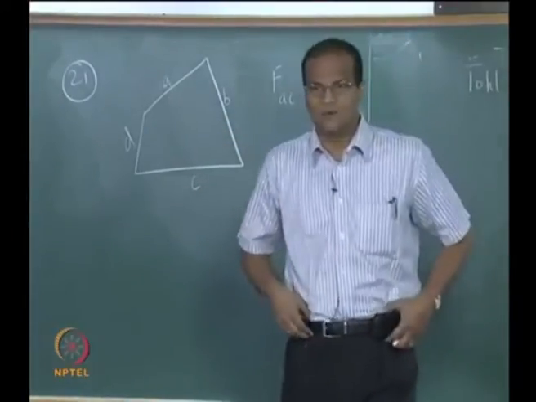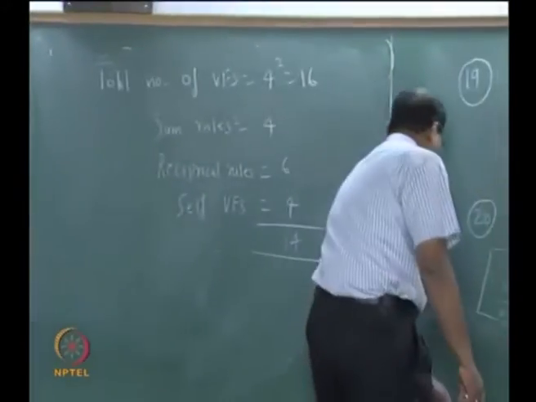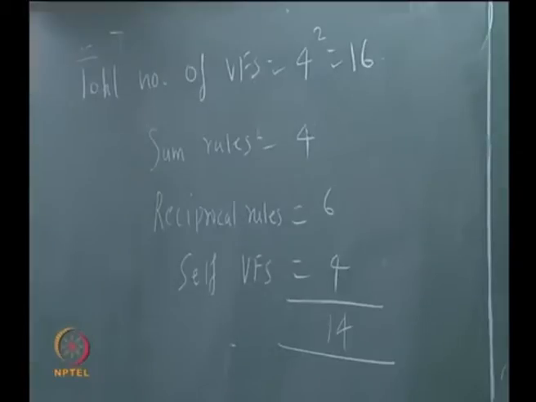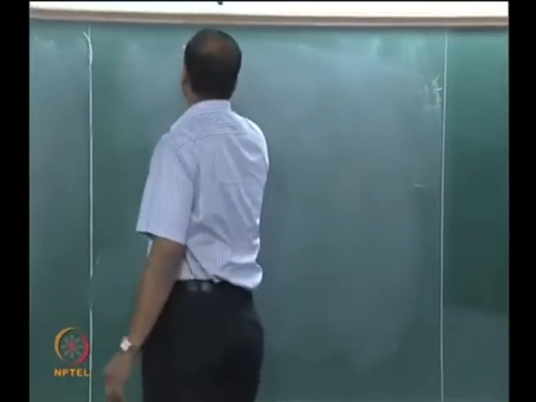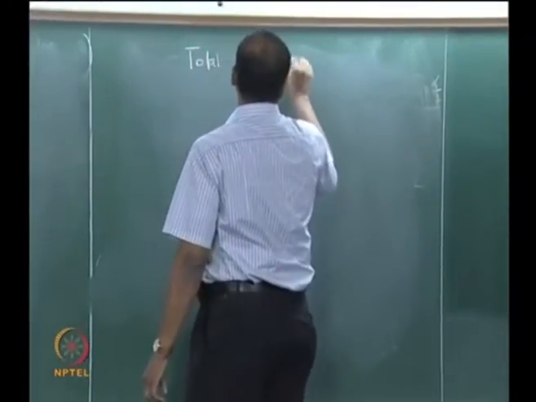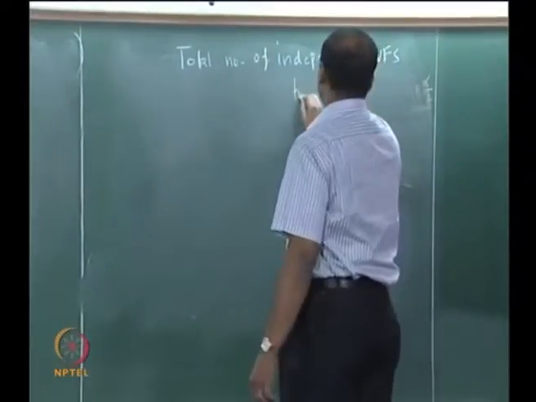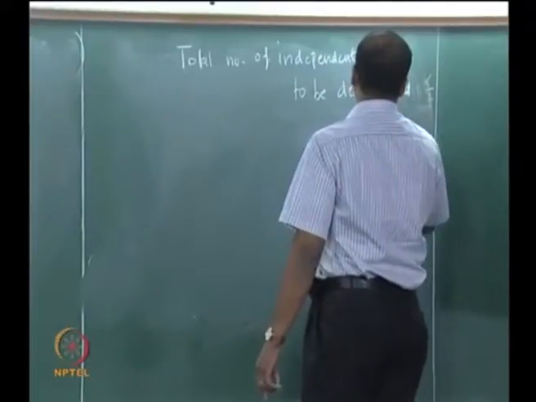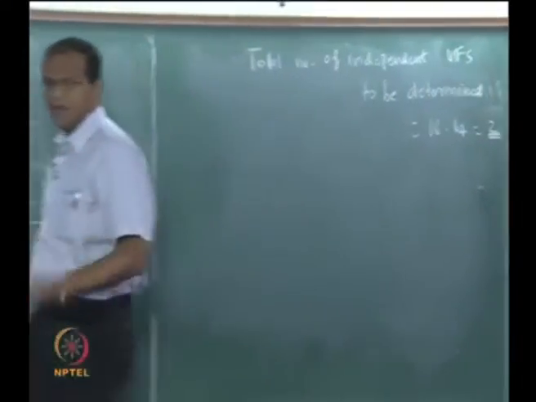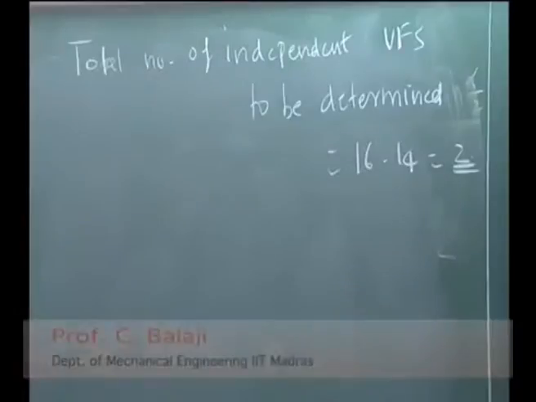So if you want to crack this problem, you have to somehow get the FA to C. And by symmetry or by analogy you can say that if you have got FAC, you also get FBD. So what is FAC?